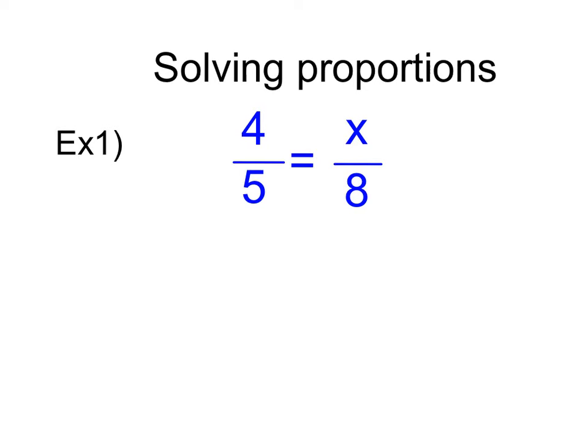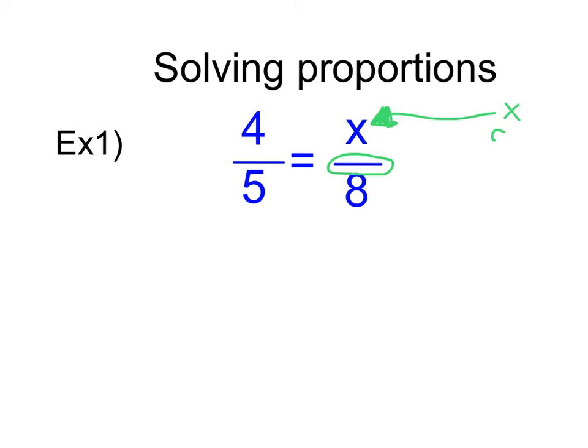We're going to solve proportions that you currently have the tools to solve. Here you can see two ratios. We have 4:5 as x is to 8. What I notice is that this looks like some equations we've solved in the past. I have x divided by 8, and my goal in this equation is to figure out what x is.